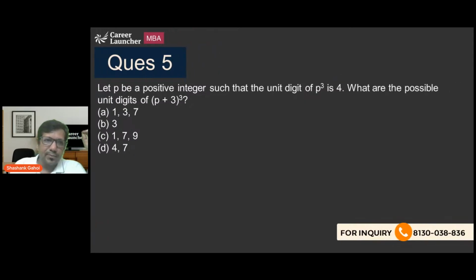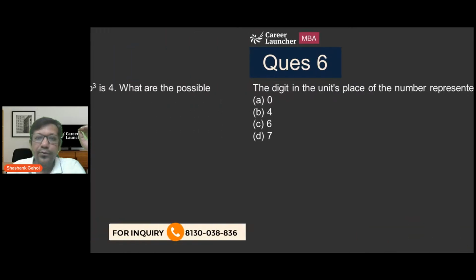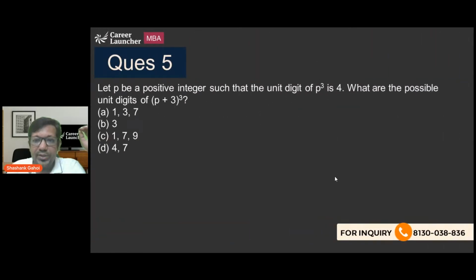Now this one. Unit digit of p cube is 4. What are the possible unit digits of p plus 3 whole cube? Okay, so unit digit of p cube is 4. It means p has to be an even number. So the unit digit of p is going to be 2, 4, 6, or 8. 0 is not possible.